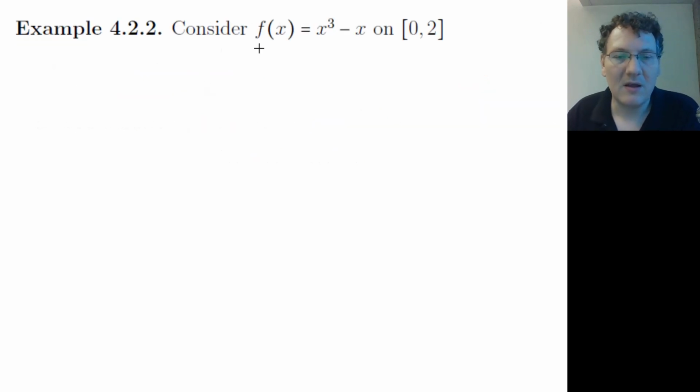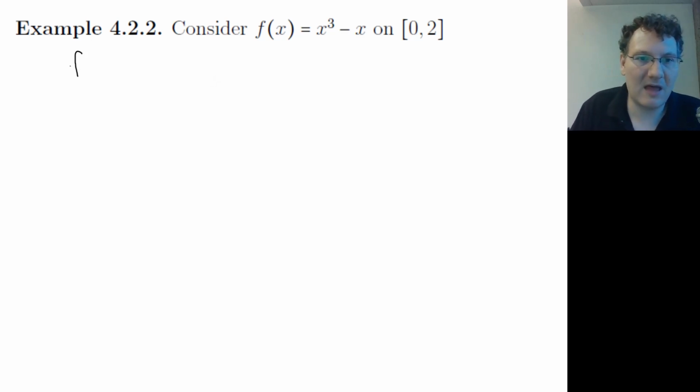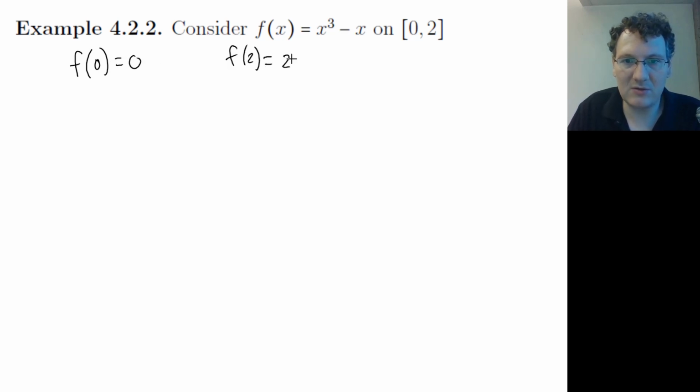Okay, let's consider this function, f of x is x to the third minus x on the interval from 0 to 2. So f of 0 is 0, okay. f of 2 is 2 to the third minus 2. That's 8 minus 2. That's a 6.